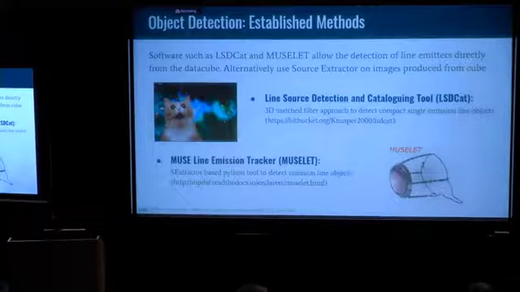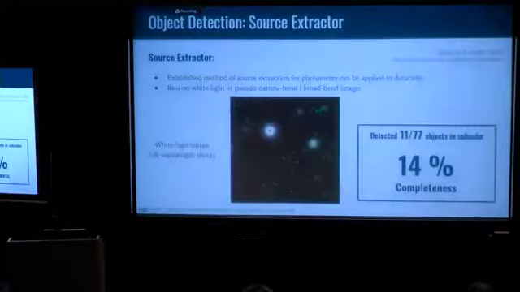Obviously, by the title, this is designed for MUSE data, but it can be applied to other data sets. But this uses a SourceExtractor-based method to detect emission line objects. But these are both emission line detection algorithms. So I'm just going to talk about how well these fare with the sky simulation.